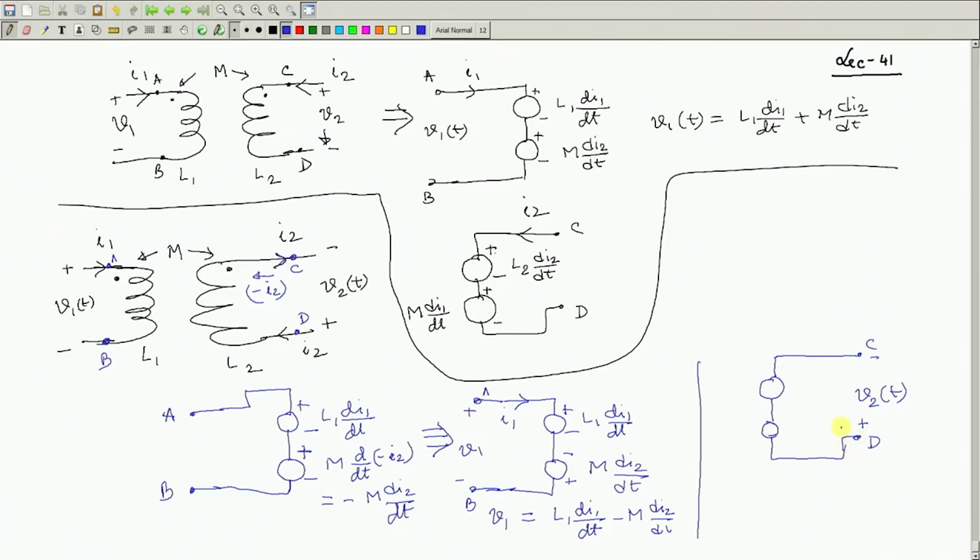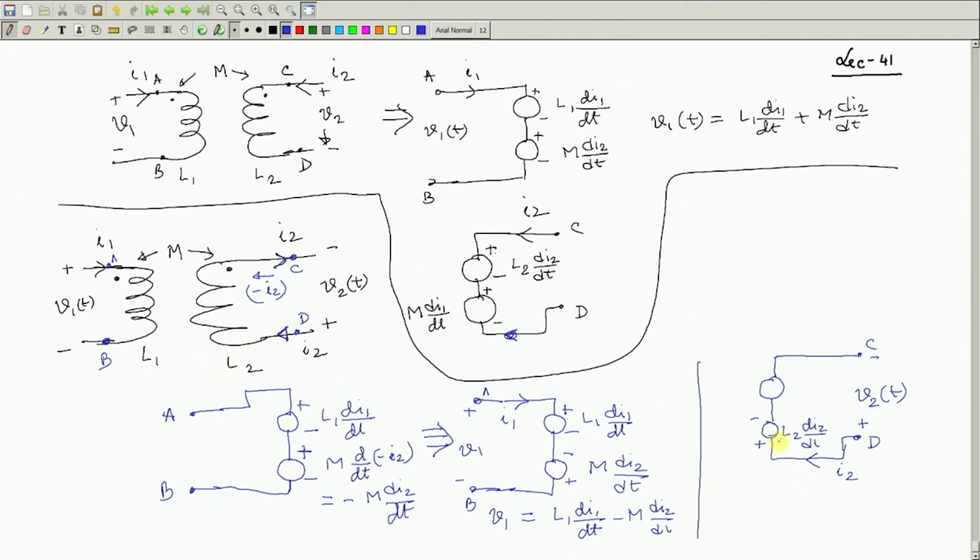Now, the current direction has been assumed to be like this, I2. Therefore, so far as the self inductance is concerned, it will be L2 dI2 dt without any problem, through whichever terminal, this way I2 is flowing.